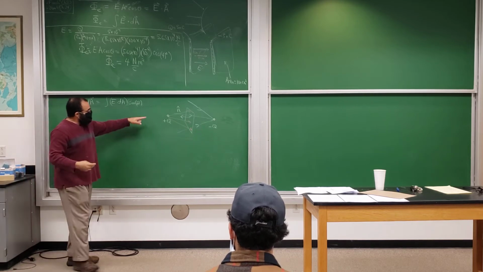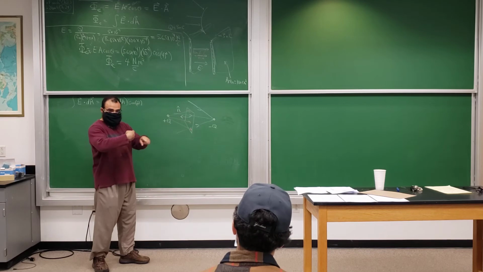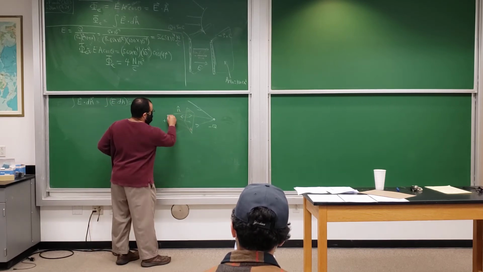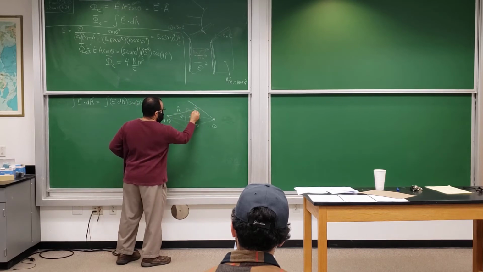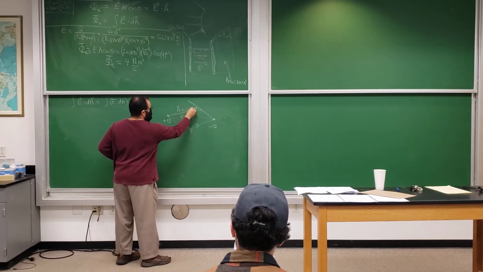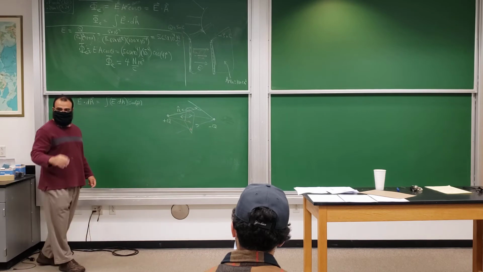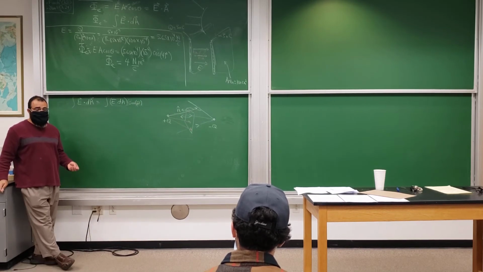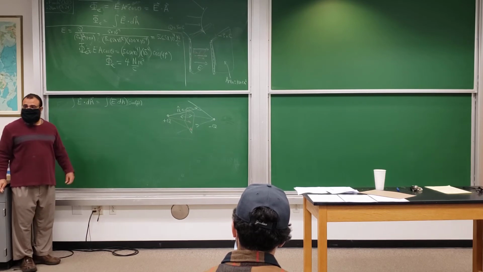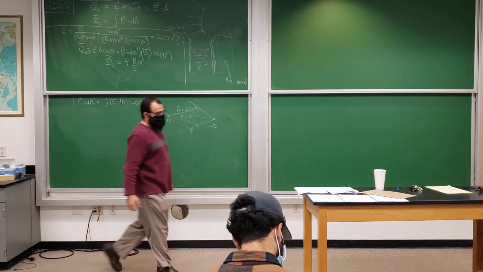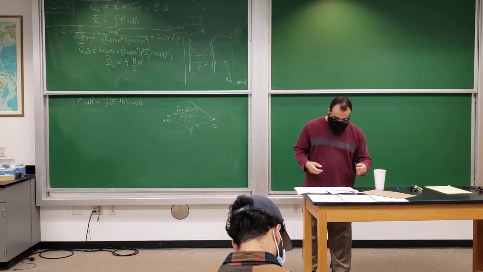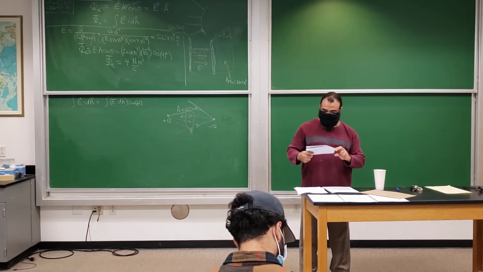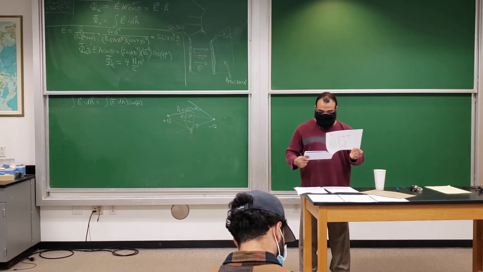In the middle they are at 180, but anywhere else, for example, say here, the field will be pointing this way and the normal is this way, so the angle is more than 90, somewhere between 90 and 180. It still has a negative cosine. So that means the flux is what? Negative. So it says plus, minus, or zero, and the answer is negative. Okay. Let's go to the next one.